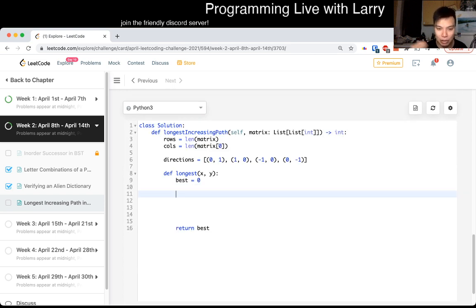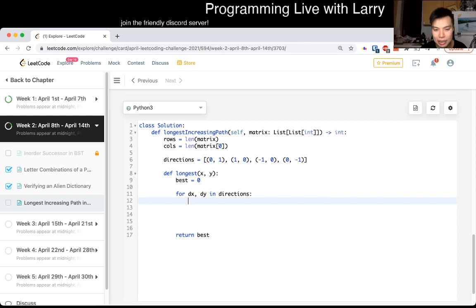Now we just go through each of the 4 directions, making sure that it is increasing. So I have dx, dy in directions. I usually do nx, ny equal to x plus dx, y plus dy, which is very standard grid graph stuff.